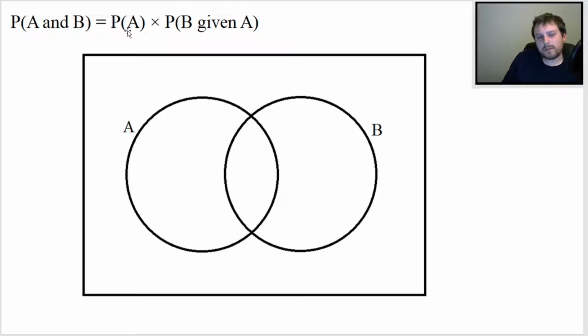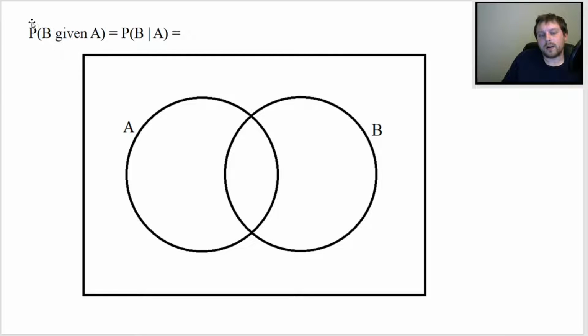So I'm going to try to justify where this formula comes from. Well, let's first of all consider the probability of B given A, which, as I just said, uses this straight line instead of the word given, just to save a bit of time. So the probability of B given A, well, given A has happened, we know we're in this circle, we're in the A situation.